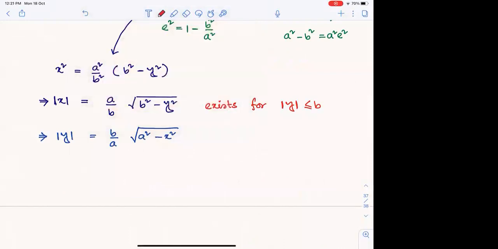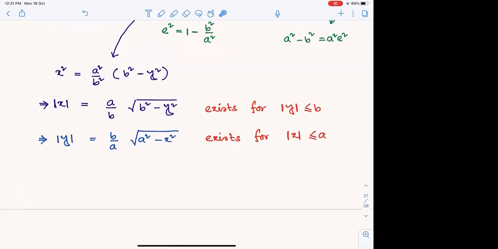So even from here, we can take this similar conclusion that this exists for mod x less than equals to a. And as mod x increases, x square increases, and hence a square minus x square decreases. So mod y decreases. So we have identified that mod x and mod y should vary inversely on the curve. If one of them increases, the other one decreases.